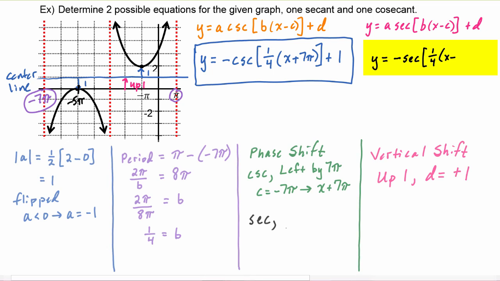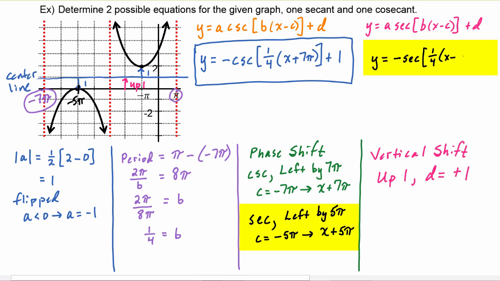So that means the phase shift is to the left by 5 pi. So c is negative 5 pi, which means we have to write x plus 5 pi in our function. So we come up here to the function and write x plus 5 pi.